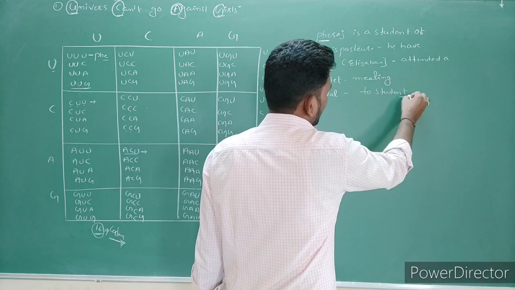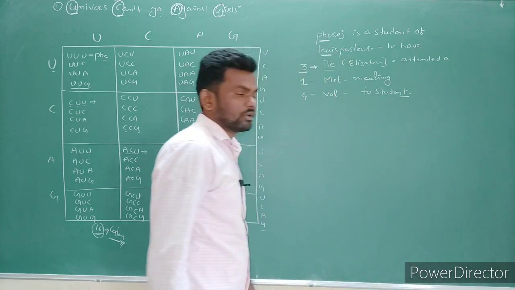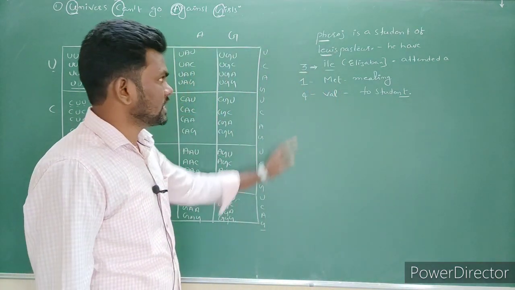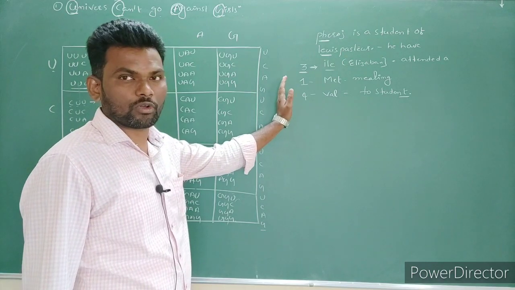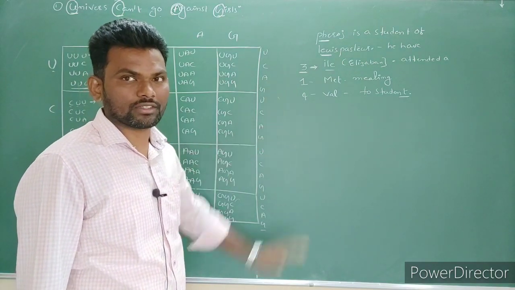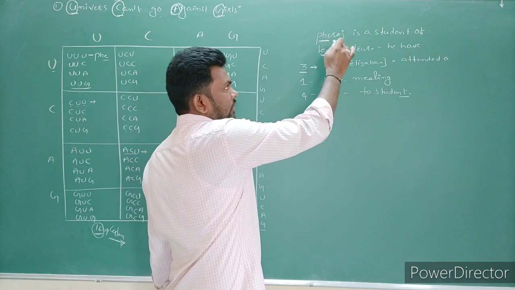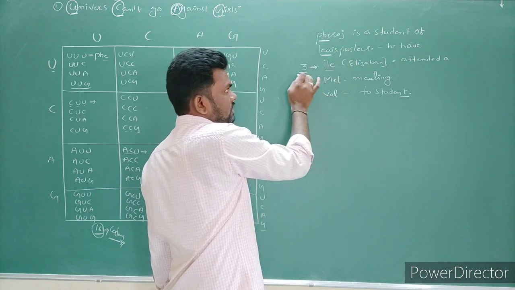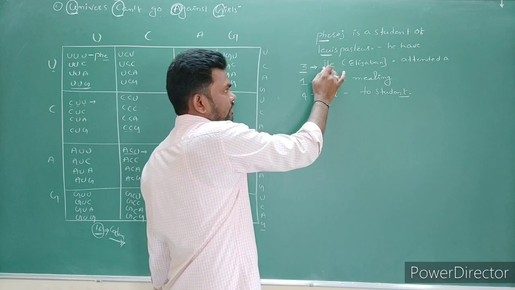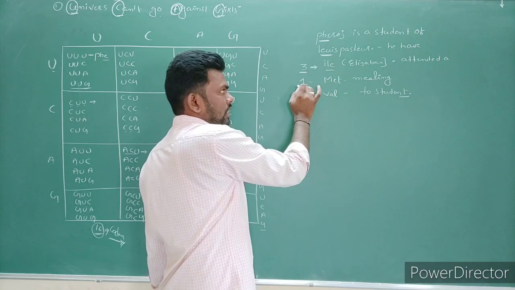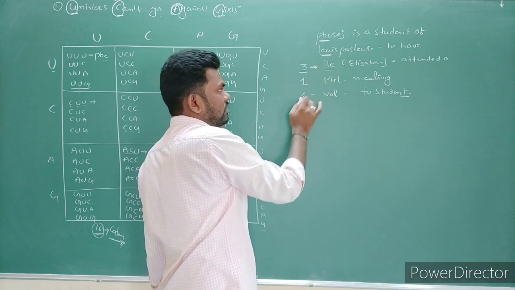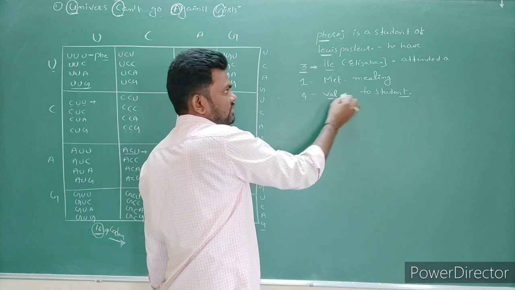So this is the first trick for column number 1, 16 codons. Very simple: Feroz is a student of Louis Pasteur, and Louis Pasteur has 3 sisters. Her name is Elizabeth, and they attend one meeting, and in that meeting he gave 4 valuable suggestions to the students.